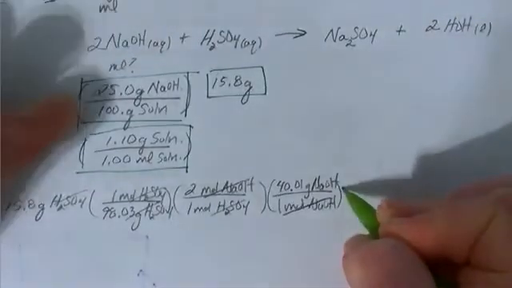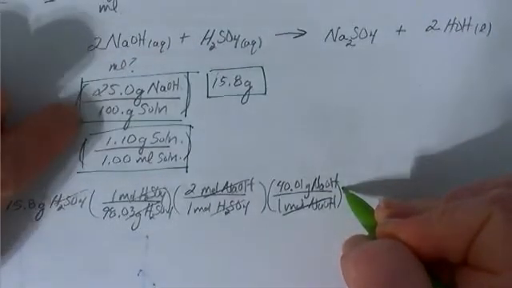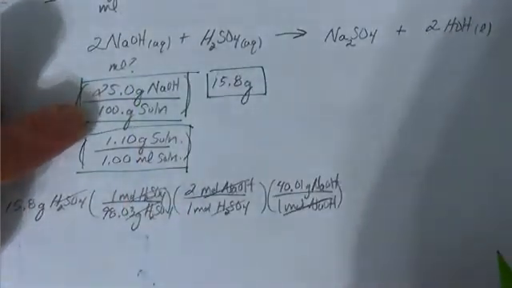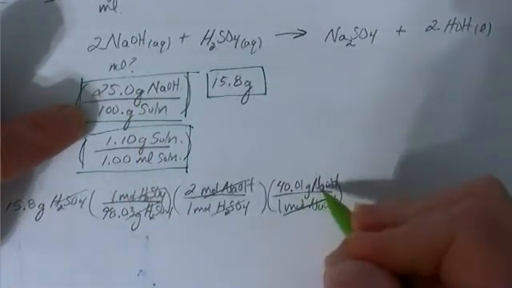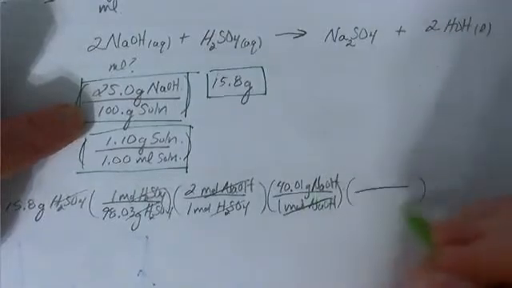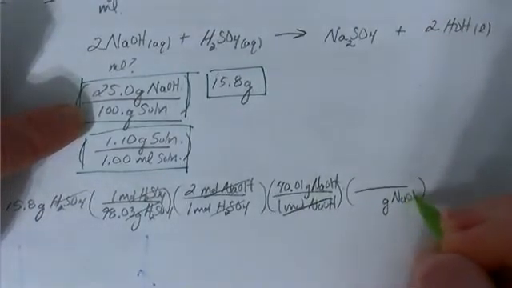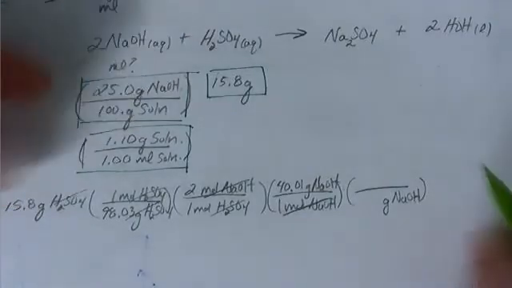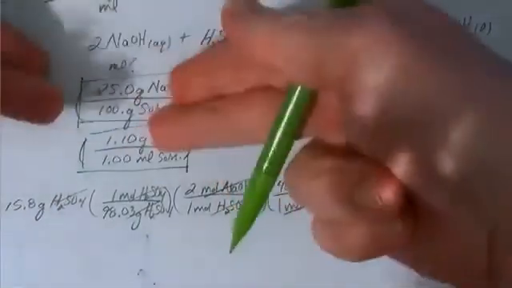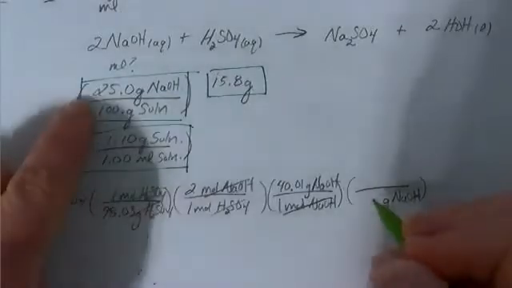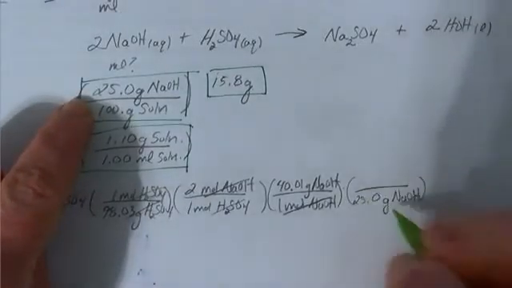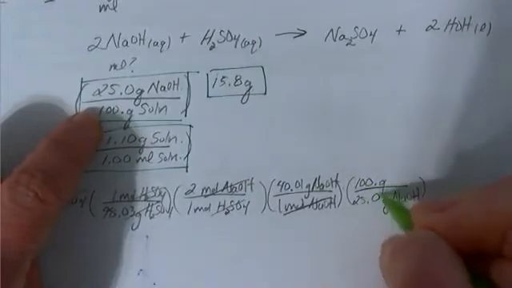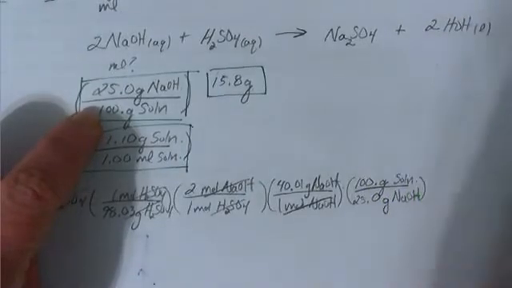All right, then let the givens help you. I don't want grams of NaOH. I ultimately want milliliters of solution. To cancel grams of NaOH, I would need that in the denominator. This is my relationship, and I know I can flip this if needed. I was told I have 25 grams of NaOH for every 100 grams of my solution.